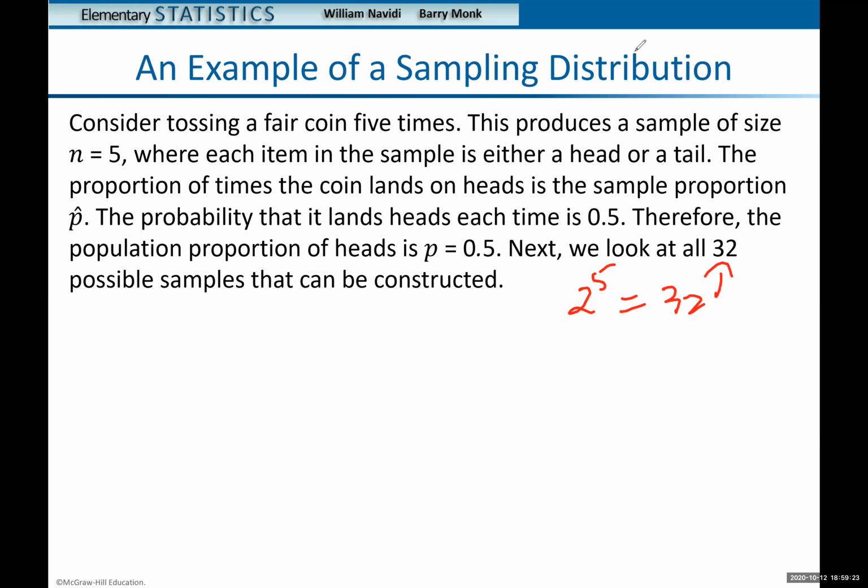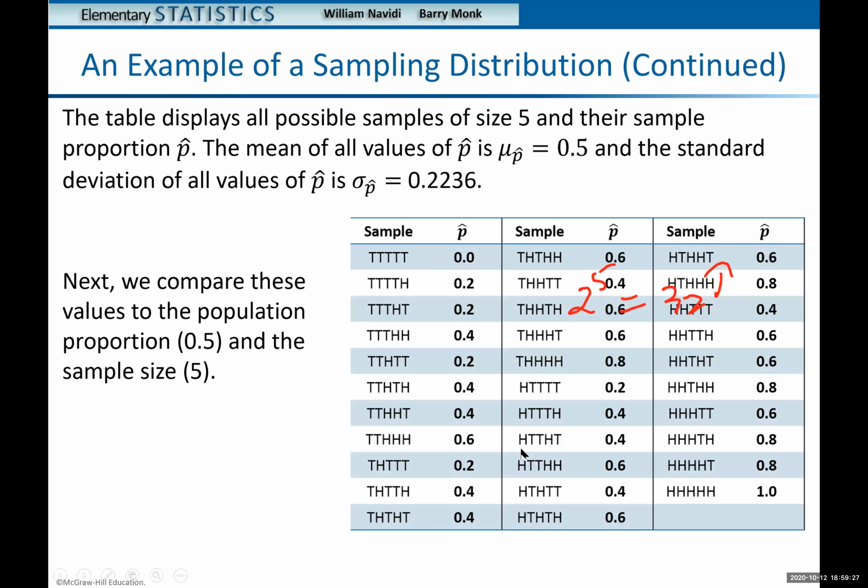And those possibilities, when you toss it 5 times, are these. It's possible for you to have 5 tails, or 4 tails and a head, or 3 tails and 2 heads, up to 4 heads and a tail, and all 5 heads. So these are all the possibilities.